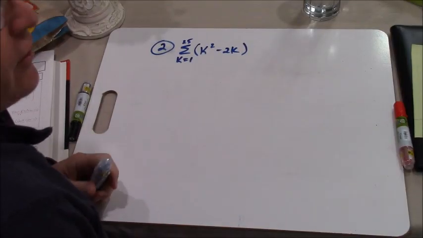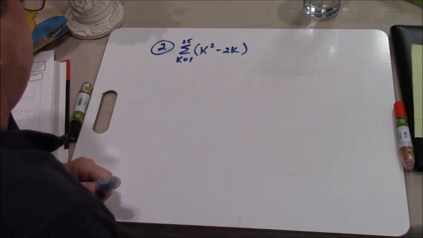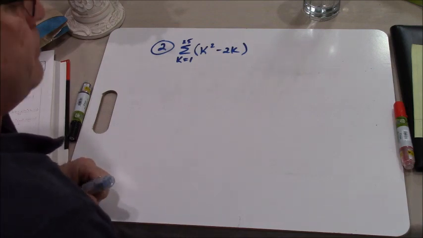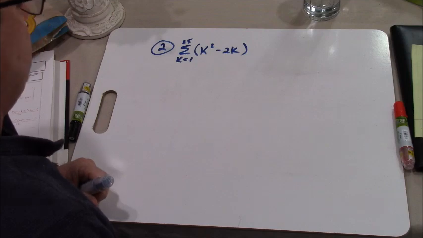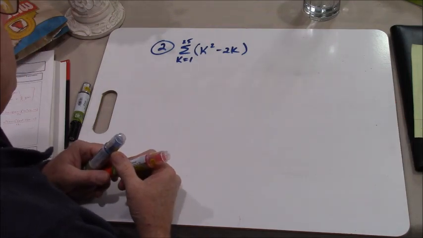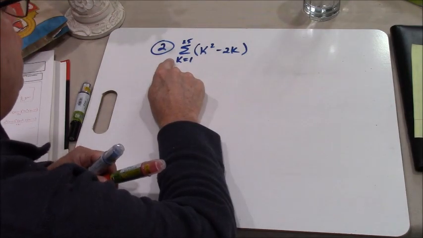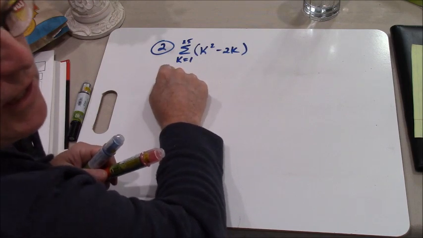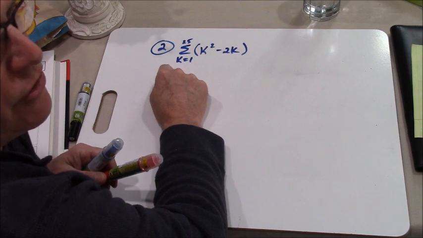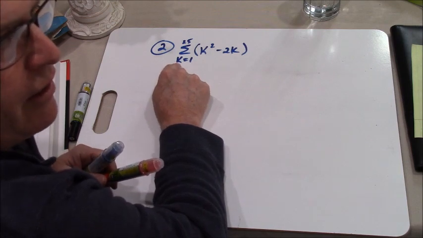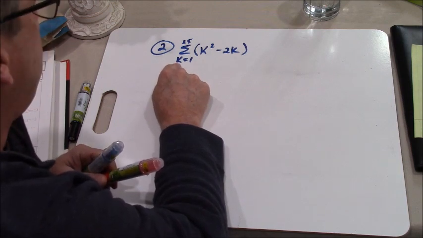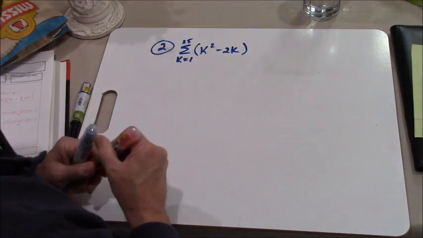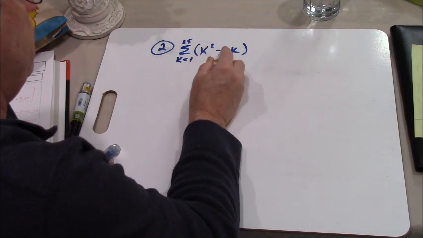All right, you guys go ahead and try this one. All right, so, this time it's the summation for k equals 1 to 25. They didn't use I, but that's okay. The same formulas apply. We're just using the variable k instead of the variable I. All right, so I'm going to break this up into two different terms.